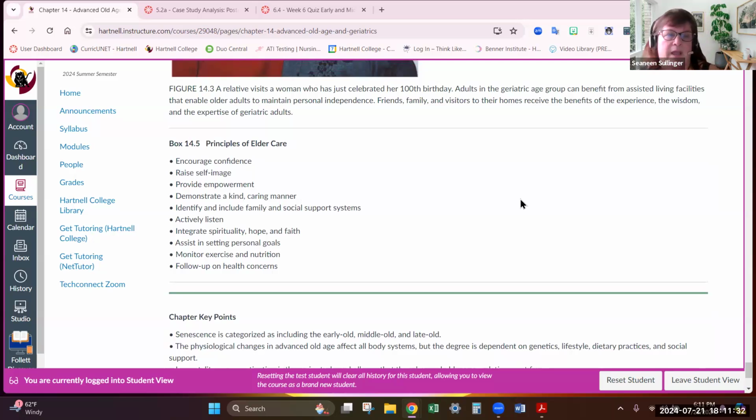And so if you look at the principles of elder care, to encourage confidence in the person, help raise their self-image, provide them hopefully with some sense of empowerment where they can make their own decisions, demonstrate a kind and caring manner, identify and include family and social support systems as much as possible. So there are times when the family's very involved, and there are times when the family's not so very involved. It just depends.